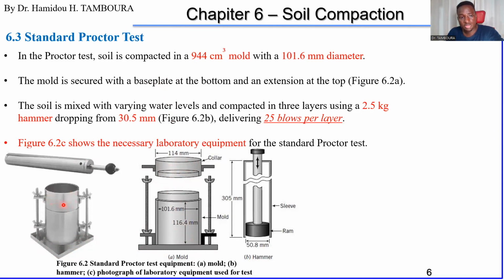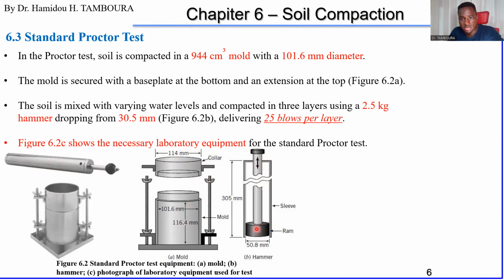So this extension can be removed, of course, and I will show you at the end of the test. You have to remove this extension to be able to continue the test. Okay, so the hammer is inside this, what you are seeing here. Okay, inside this thing there is a hammer like this.